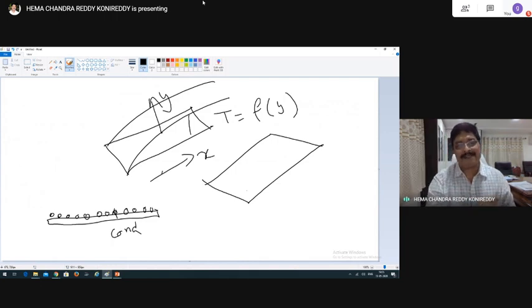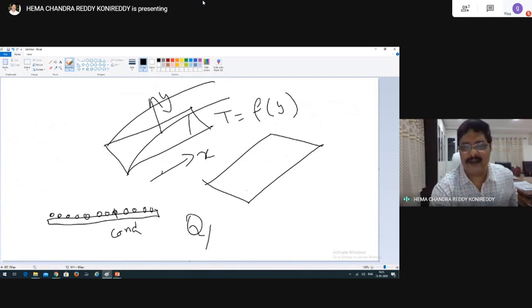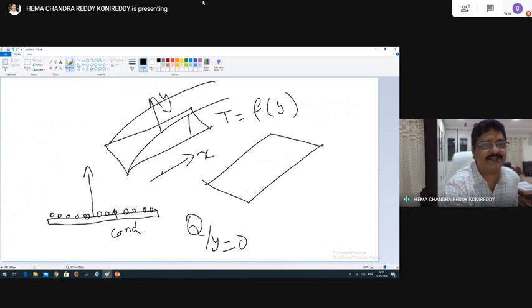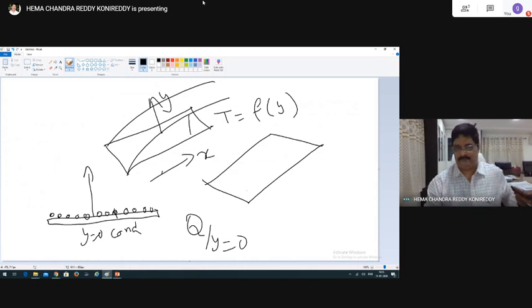Now, what is the conduction heat transfer? Where is it happening? It is happening in the fluid region, to the first layer of fluid, and therefore at y is equal to 0. What is y? y is the direction normal to the plate. At y is equal to 0, heat transfer is happening because of conduction. Are you all understanding?